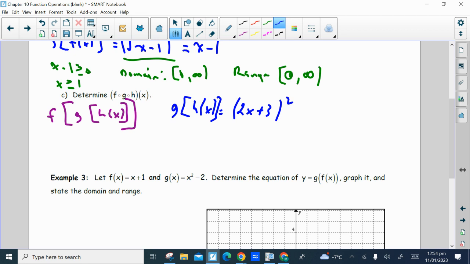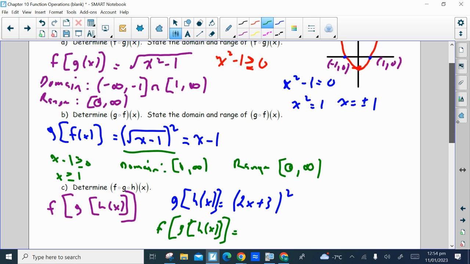And then we want to find f at this value. So we've already found that g at h at x is 2x plus 3 all squared. So now we're going to take that expression and plug it into the variable in f.